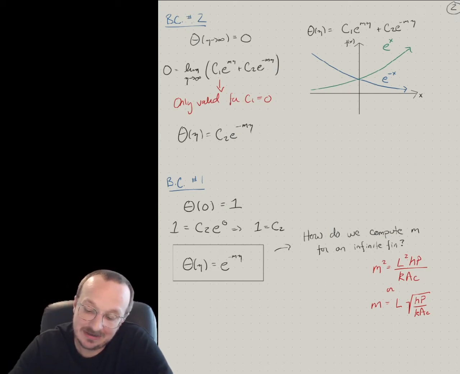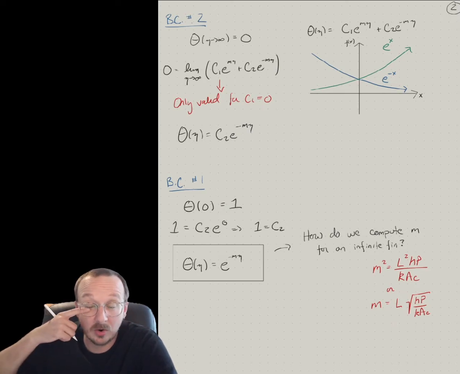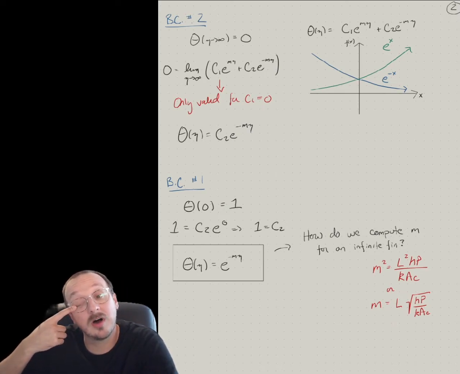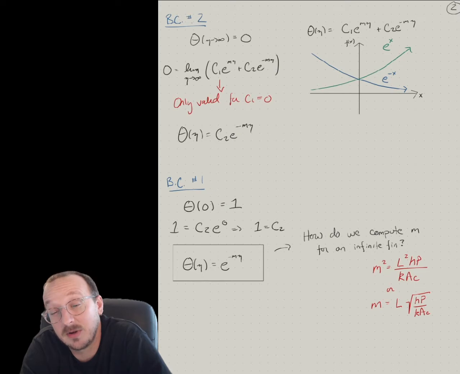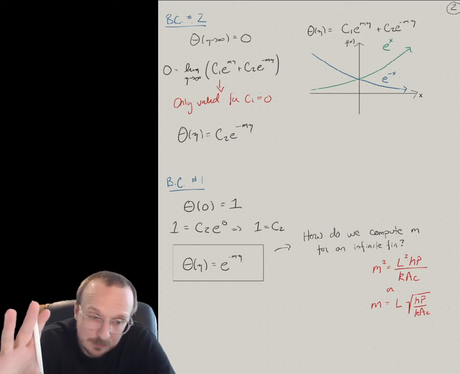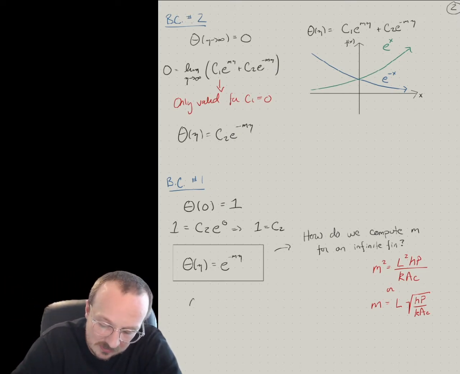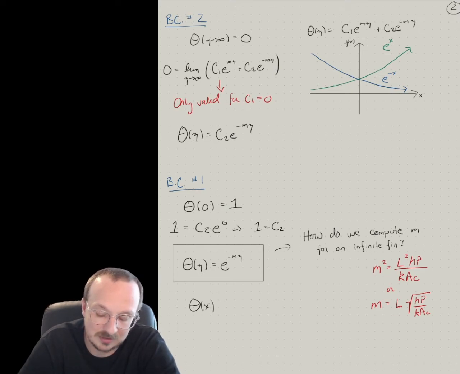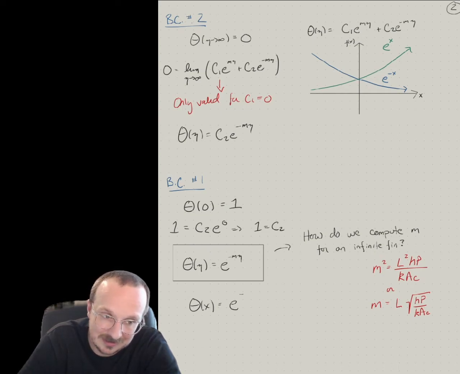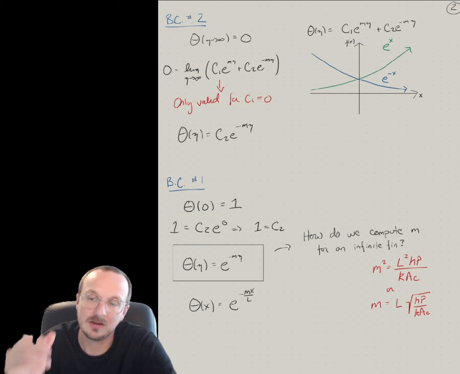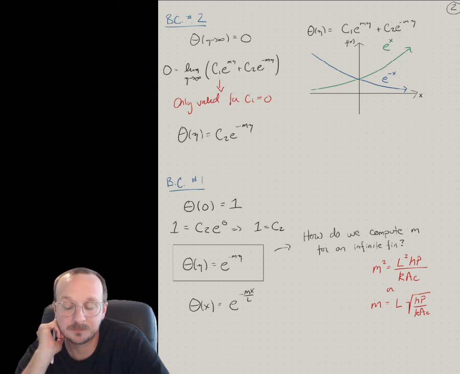How do we compute m for an infinite fin? Keep in mind that this m was a collection of parameters that had L squared, the length of the fin, the thermal conductivity, whatnot. The length of the fin is an issue if you're assuming it's infinitely long. So this is kind of the rare example where non-dimensionalizing this expression has made it more complicated. It's not a big deal though, because if you plug it in, theta of x, let's get rid of the z dimensionalization, is going to be e to the minus mz, where I'm plugging in x over L for z.